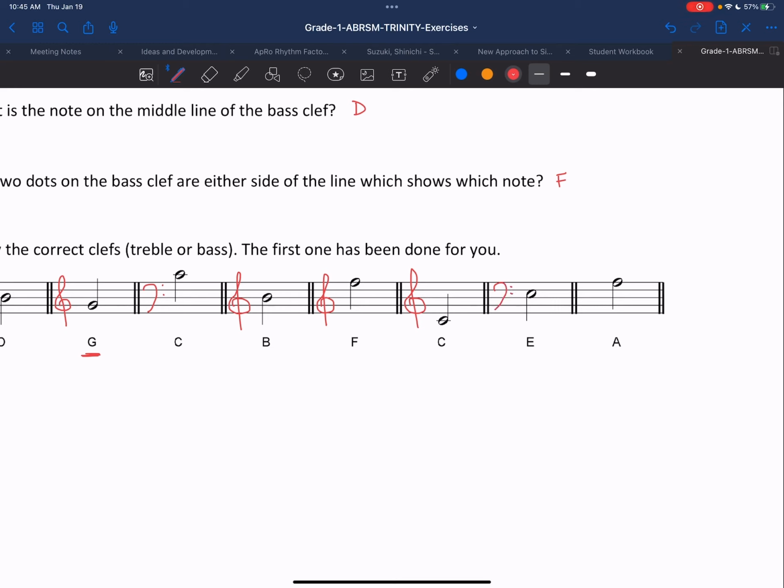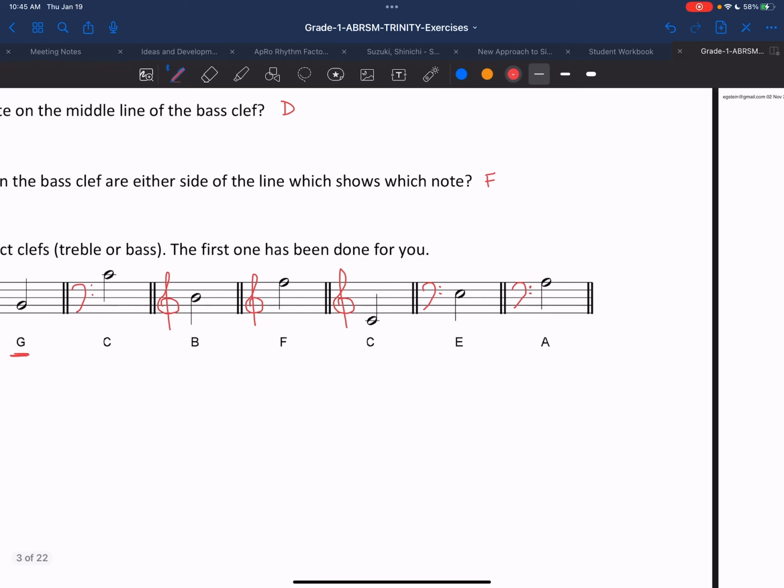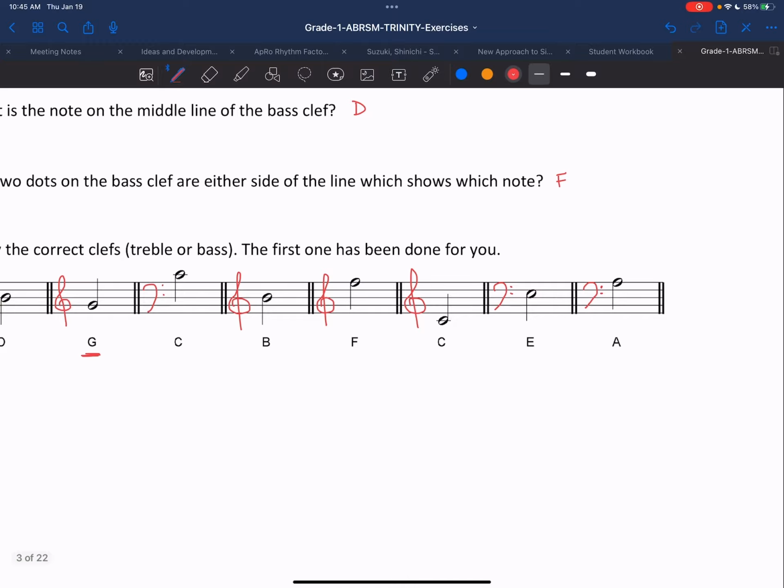And finally, A on the top line is the bass clef. So again, we should have treble clef, bass clef, treble clef, treble clef, treble clef, bass clef, and bass clef.